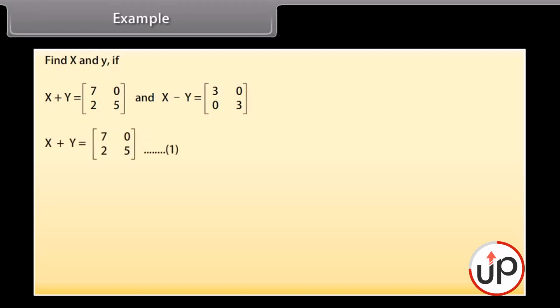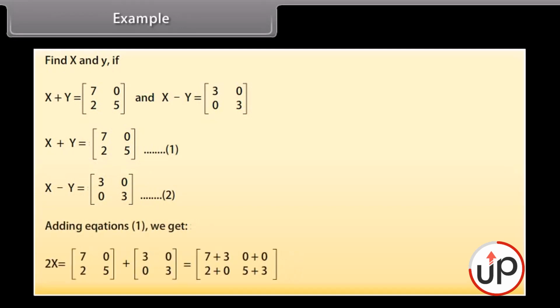Solution. Given X plus Y and X minus Y, mark them as equations 1 and 2. Now, adding equations 1 and 2, we get 2X is equal to the matrix with first row 10, 0 and second row 2, 8.